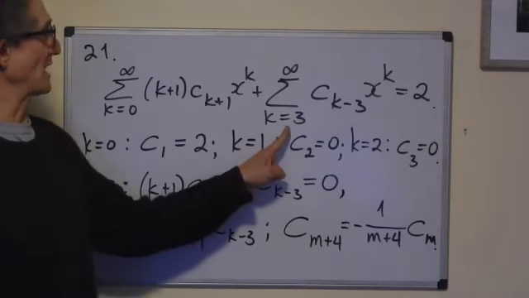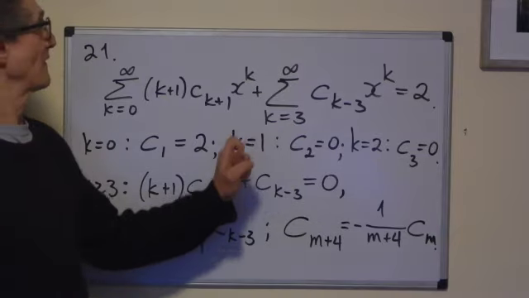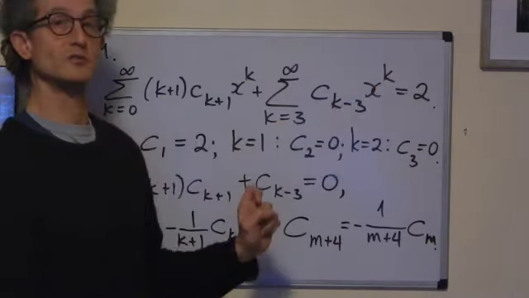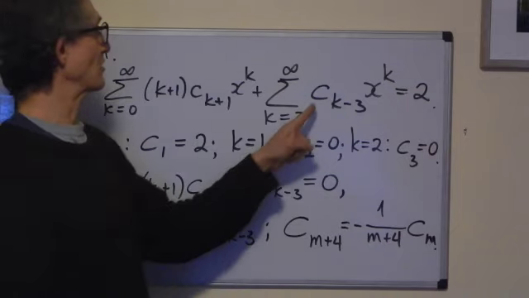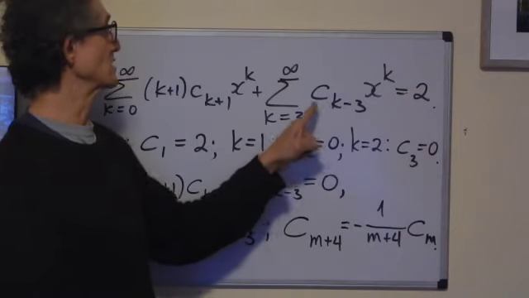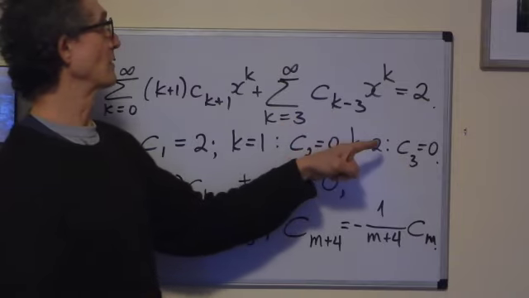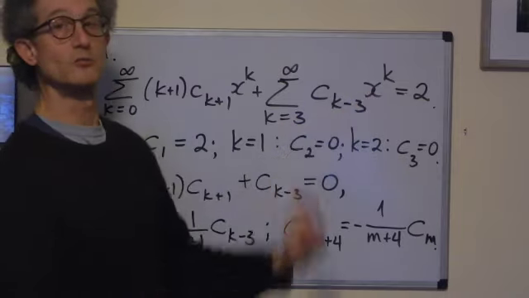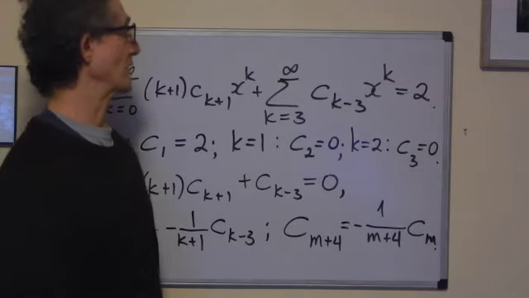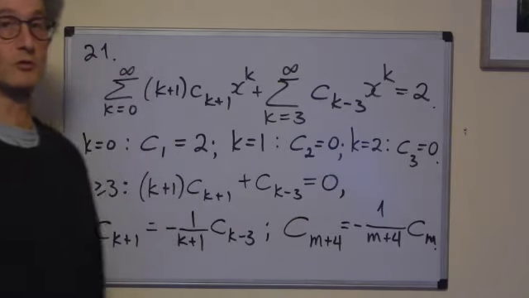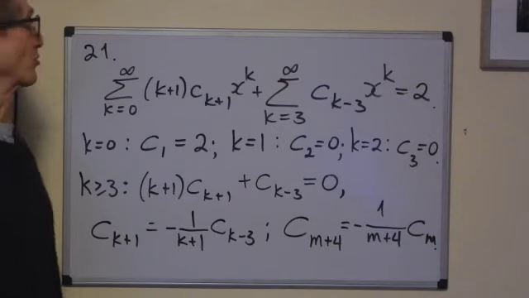This came from x cubed times f, and so we're starting with k equal to 3 as the lowest power of x, and the coefficient is c0 when k is equal to 3, c0 times x cubed, and that's correct as well. And the right hand side was just the number 2, so only the 0th power.